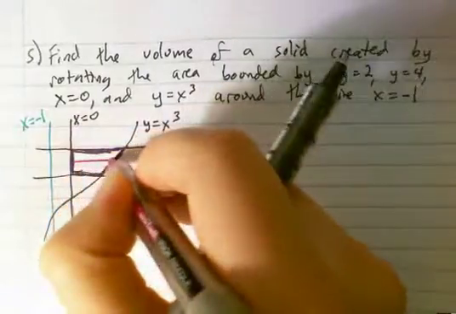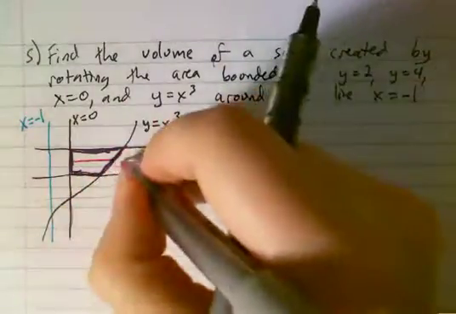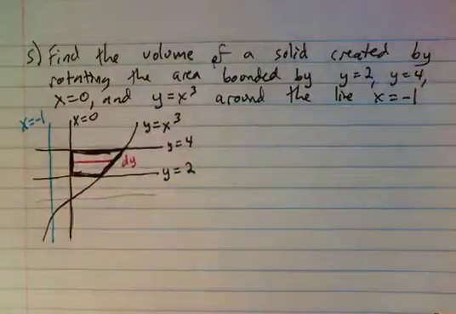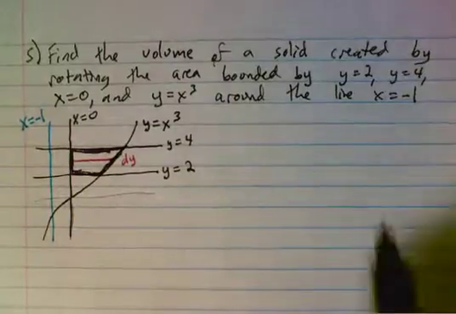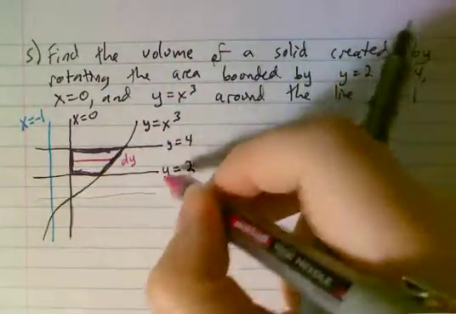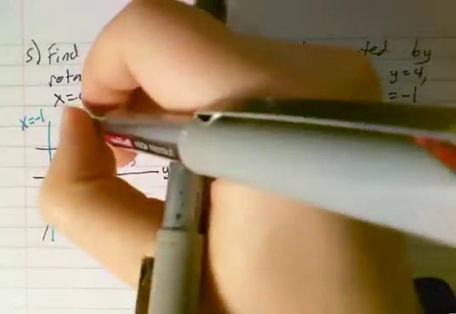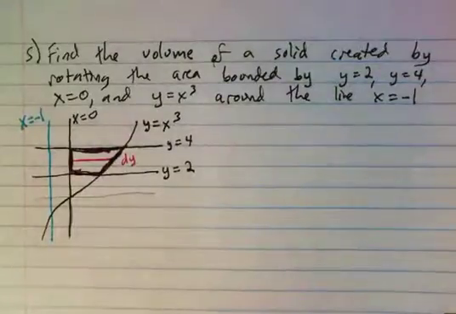I know that this has to be perpendicular, so that means this is a dy. That means everything here should immediately be converted to y's. This is y equals a number. X should be f of y. So I should have a couple f of y's right in here. Let's make this one a g of y.